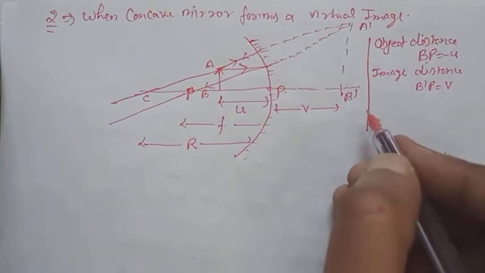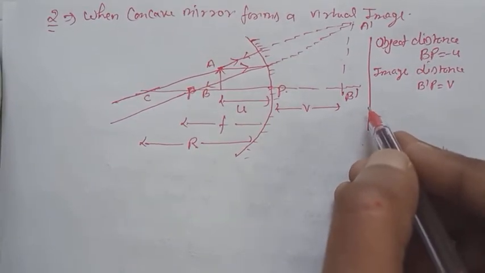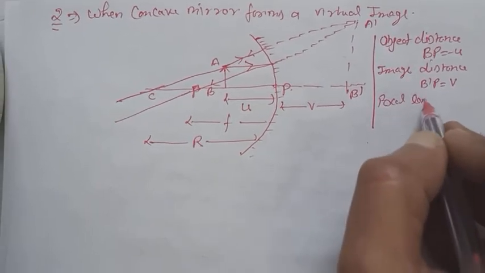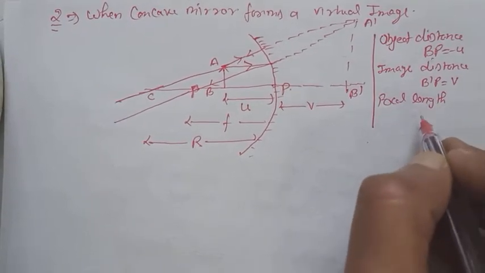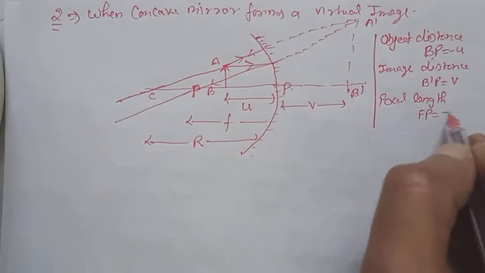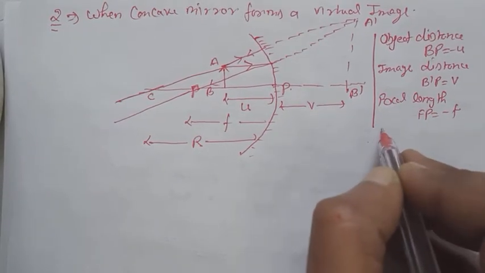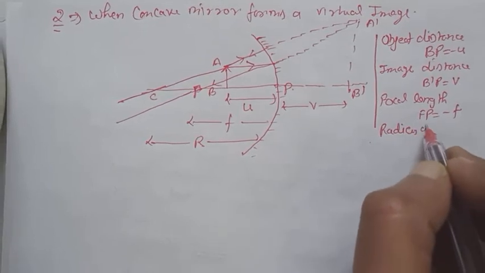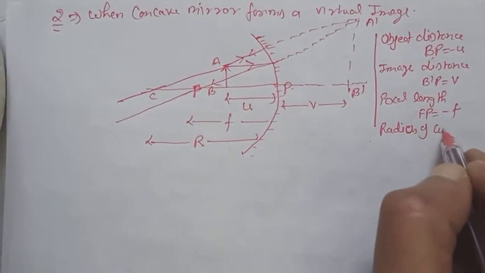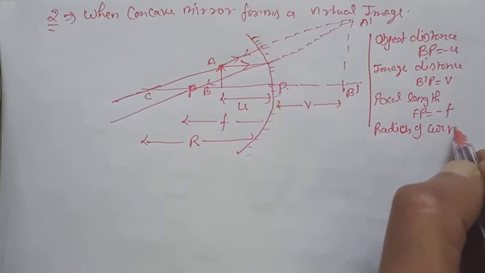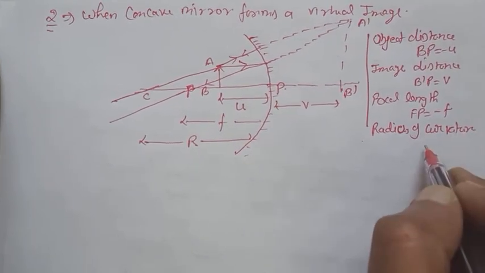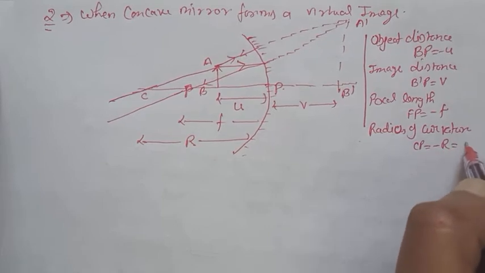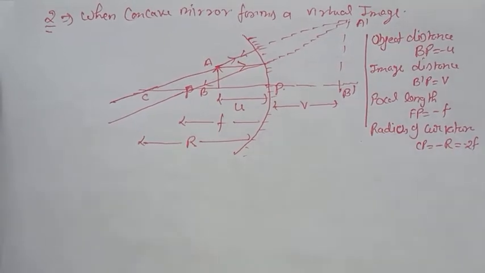This one is on the right side, which is considered positive. Focal length FP, this one is minus kf, and radius of curvature, this one is CP equals to minus kr or minus k 2f.